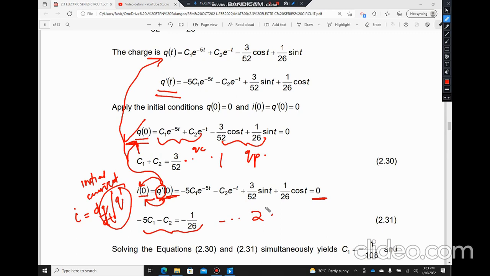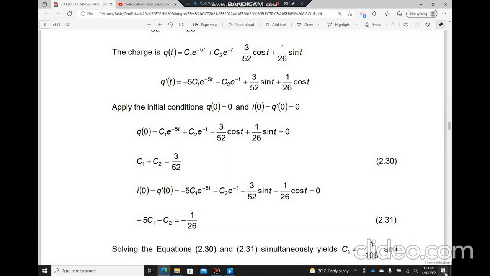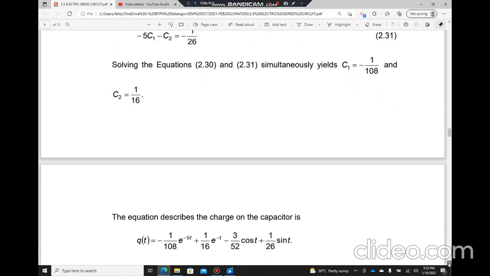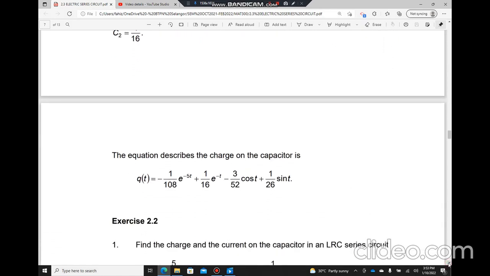After you solve the simultaneous equation, you will get the value of C1 and C2, which are C1 equals negative 1 over 108 and C2 equals to 1 over 16. So the equation describing the charge on the capacitor is, dapat yang ni equation. So make sure equation last tu adalah QC plus QP, and then semua nilai kita dah cari dah. This one C1, C2, and then A and B.